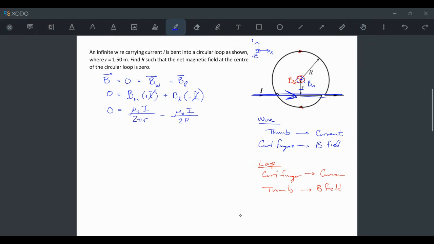In this case, we have 2 times the radius of the circle. At this point, we just want to solve for capital R. The mu naughts on both sides go away, as do the 2's. What we're left with is 1 over R is equal to 1 over pi times little r. So the radius of the circle needs to be pi times r so that the magnetic field at the center is 0.